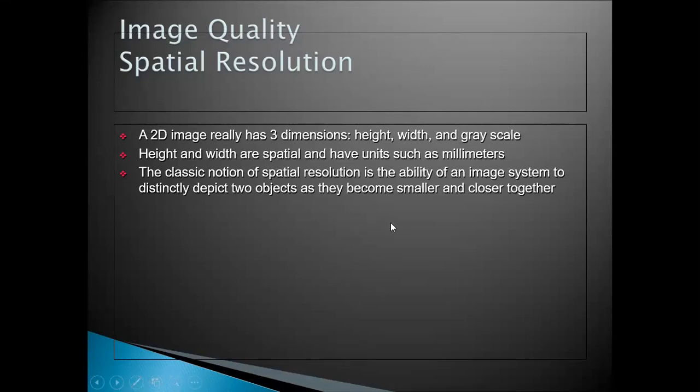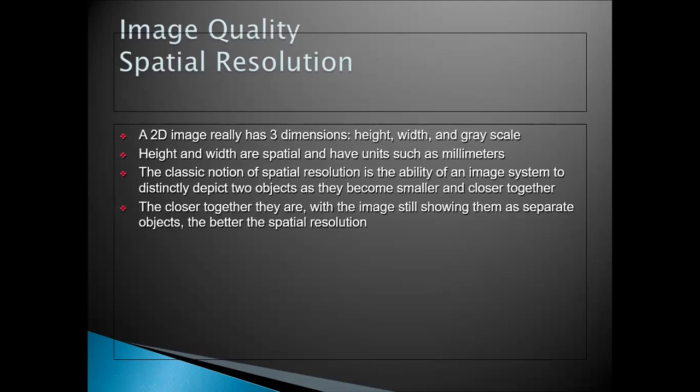It's just the ability of an object, of the machine, of the system to depict two objects as they become smaller and smaller and closer together. The closer they are while we may still show them as separate objects, the better the spatial resolution.